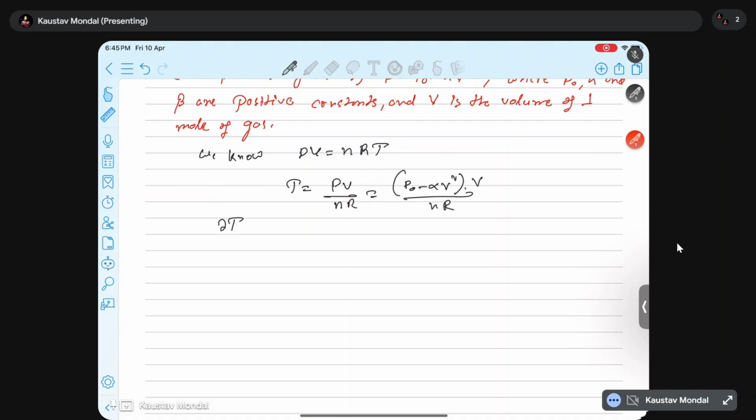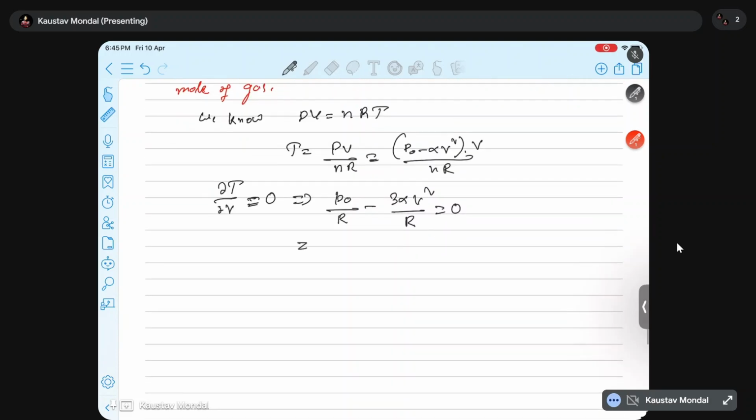Since the temperature is written in terms of volume, we put del T del V equal to 0, and if you do the derivative, the first will become P naught by nR minus 3 alpha V square by nR. This will be equal to 0. Now from here, V would be root under P naught by 3 alpha. So for V equal to root of P naught by 3 alpha, the temperature will be maximum.